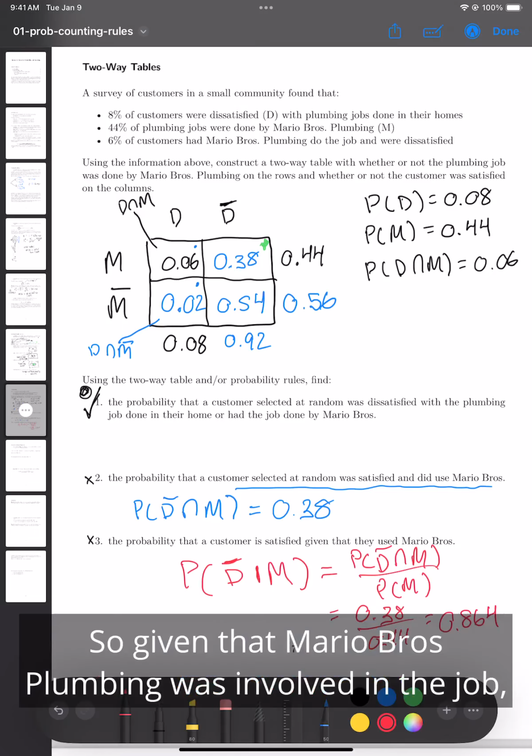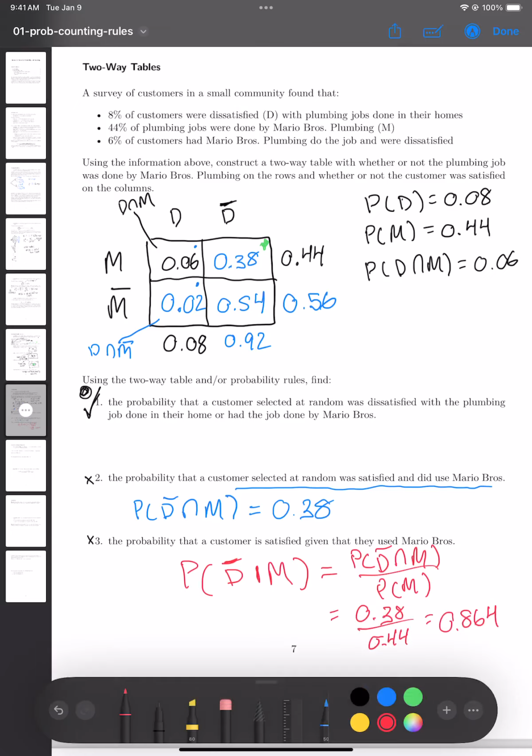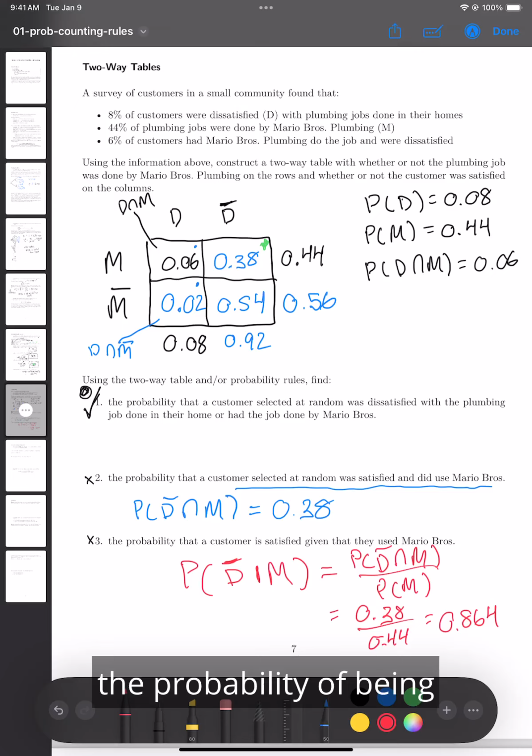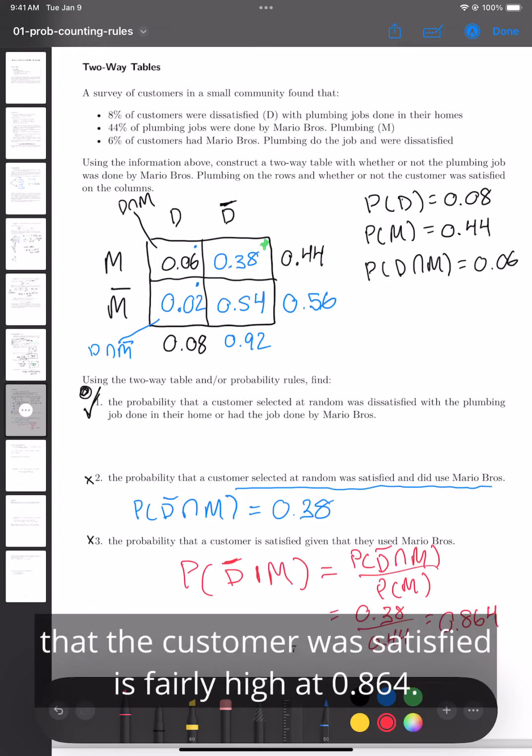So, given that Mario Bros. Plumbing was involved in the job, the probability that the customer was satisfied is fairly high at 0.864.